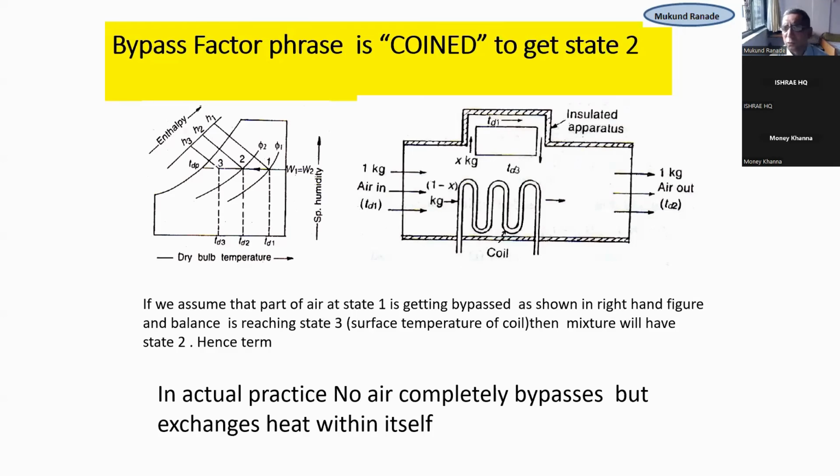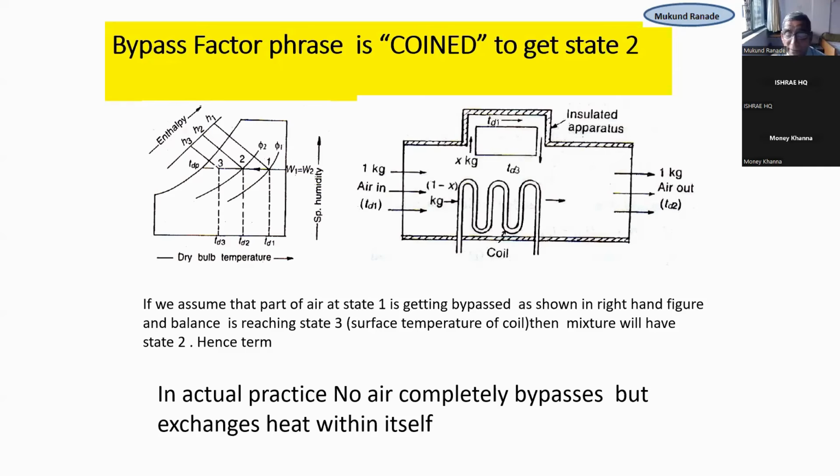Within the coil depth, the air molecules are continuously hitting the coil and the fins, but they are also hitting each other, transferring heat from one molecule to another when they collide. So hardly any air is actually bypassed. That means untreated air doesn't come out as it entered. But it is a very convenient factor, because mathematically it becomes very simple.